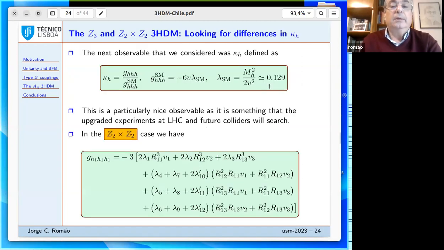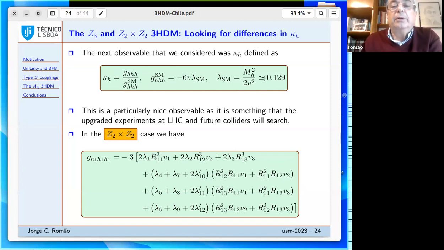Now, the next observable that we thought was a good observable is called kappa lambda, which is defined as the ratio of the triple Higgs coupling in our model with respect to the standard model. In the standard model, it is well known.